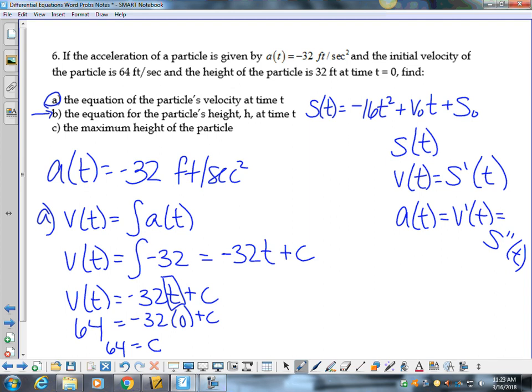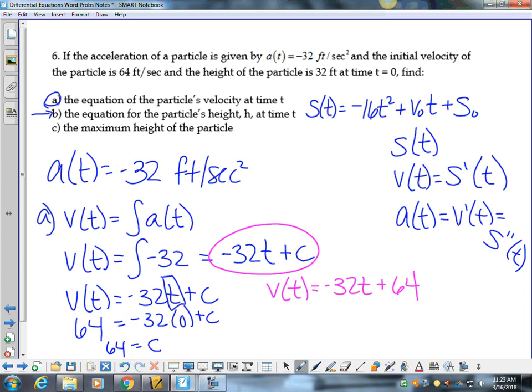If it's initial, it's when your time is 0. Put your 64 in velocity, solve for c. So now I know this guy is that. And that's part, what did we just answer? Part A.